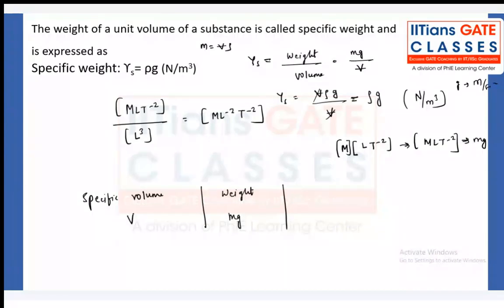The specific volume means whatever volume is there per unit mass. That is a small v, right?